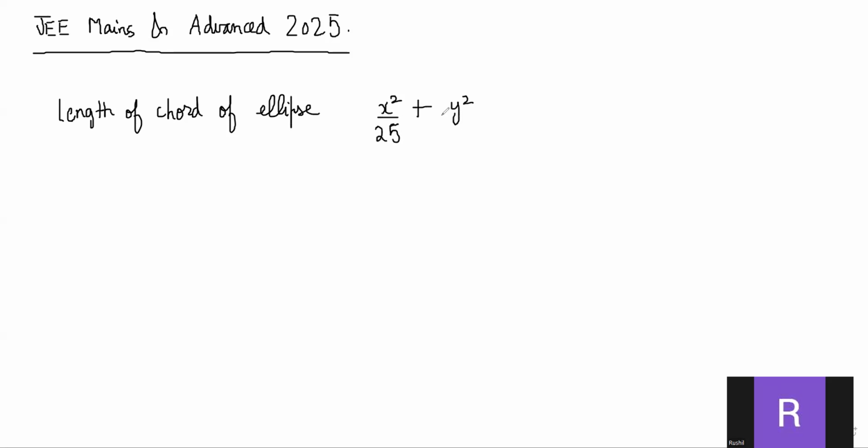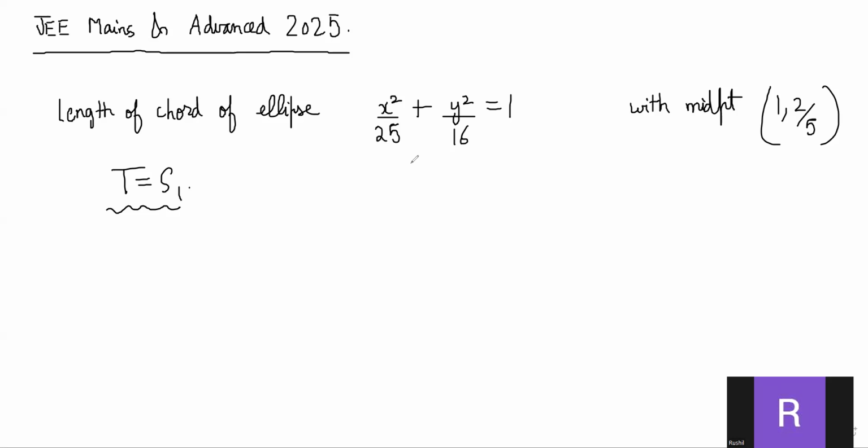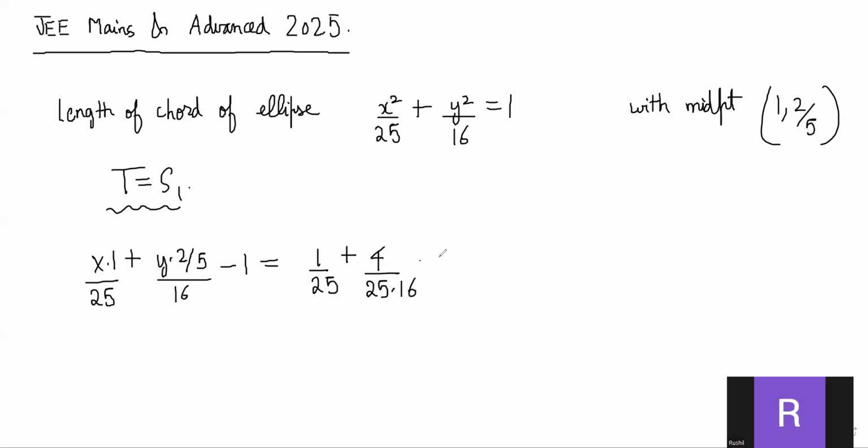You have this situation with midpoint 1 comma 2 by 5. You will first write the equation of the ellipse T is equal to S1. So it will be x into 1 by 25 plus y into 2 by 5 by 16 minus 1 is equal to S1, which will be 1 by 25 plus 4 by 25 into 16 minus 1.